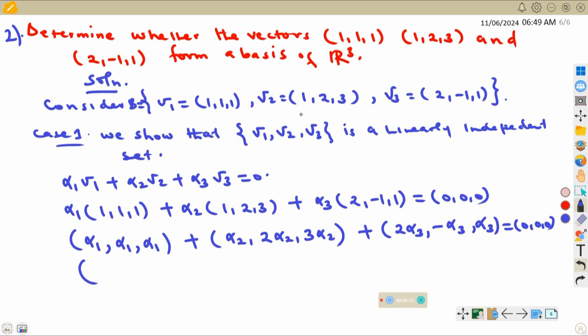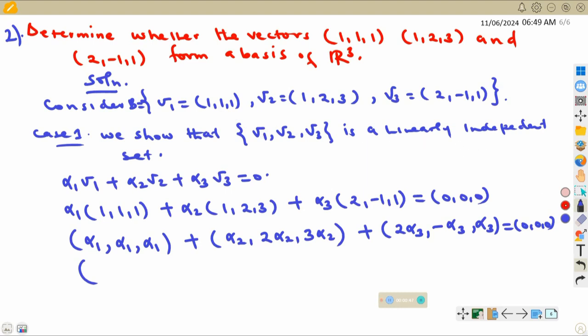In order to do that, we shall need to prove that these vectors are, one, linearly independent, and two, span R3. So let us consider B to be our set containing V1, V2, and V3.